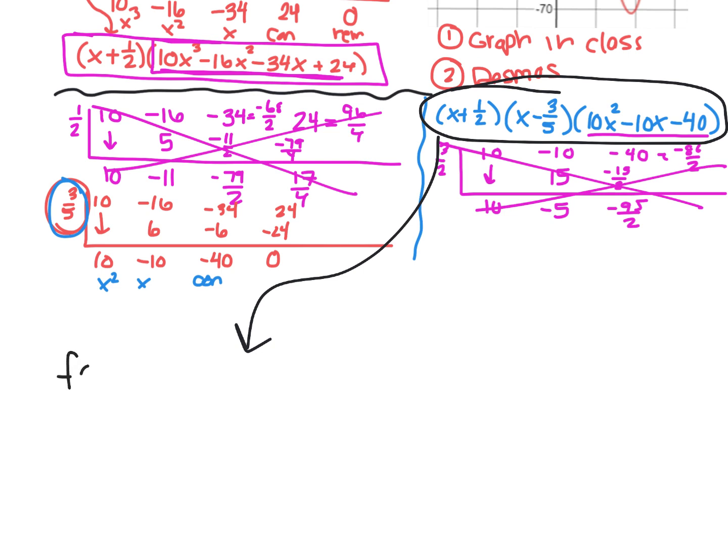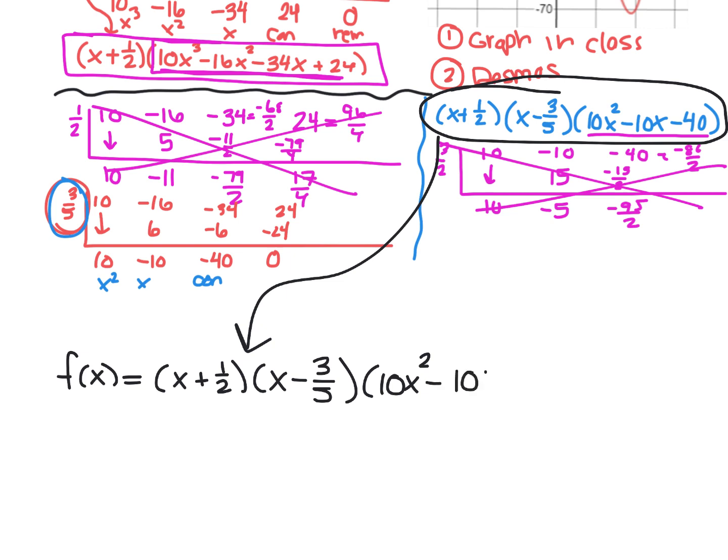So currently I have f of x is equal to x plus 1/2, then x minus 3/5. So that accounts for those two values I found in -1/2 and positive 3/5. And then I have 10x squared minus 10x minus 40.